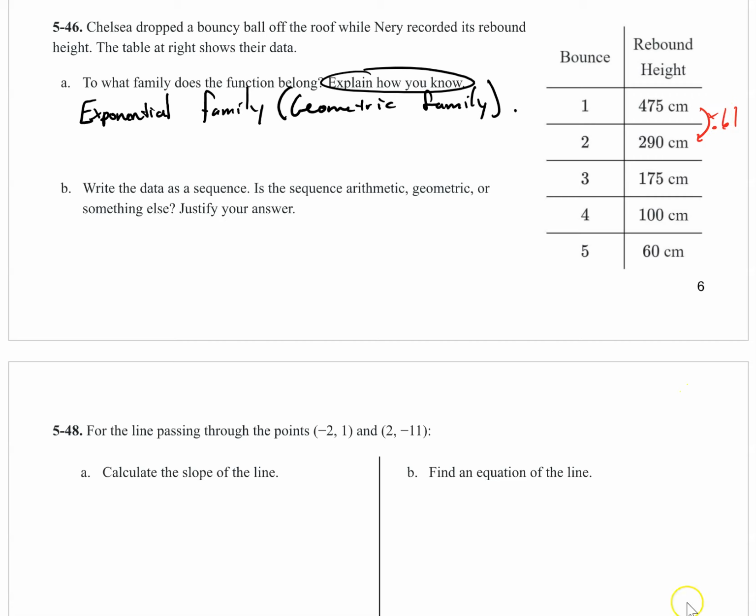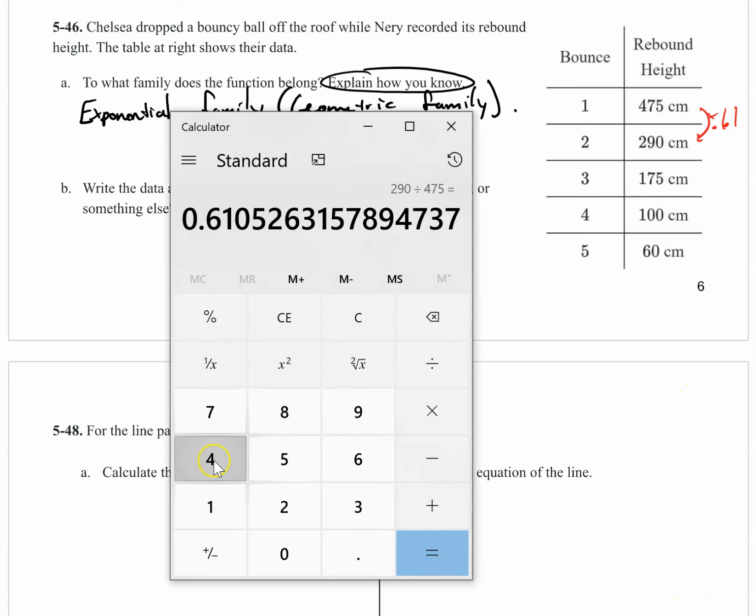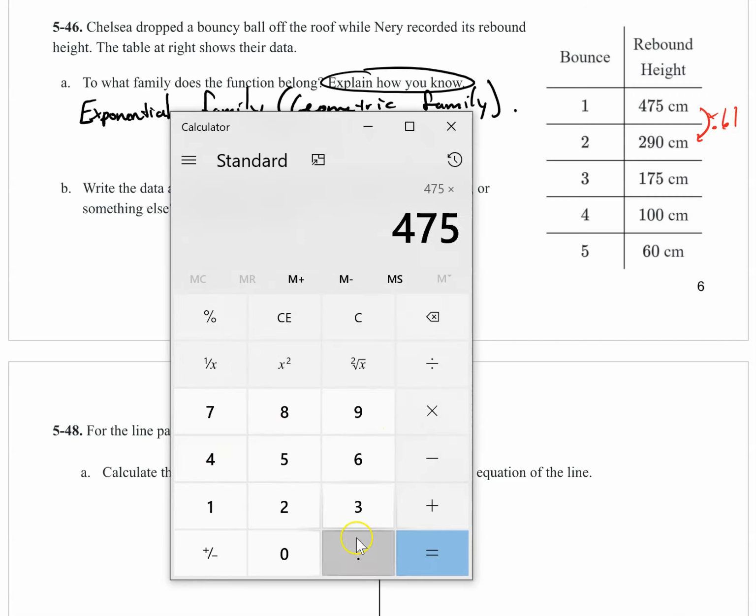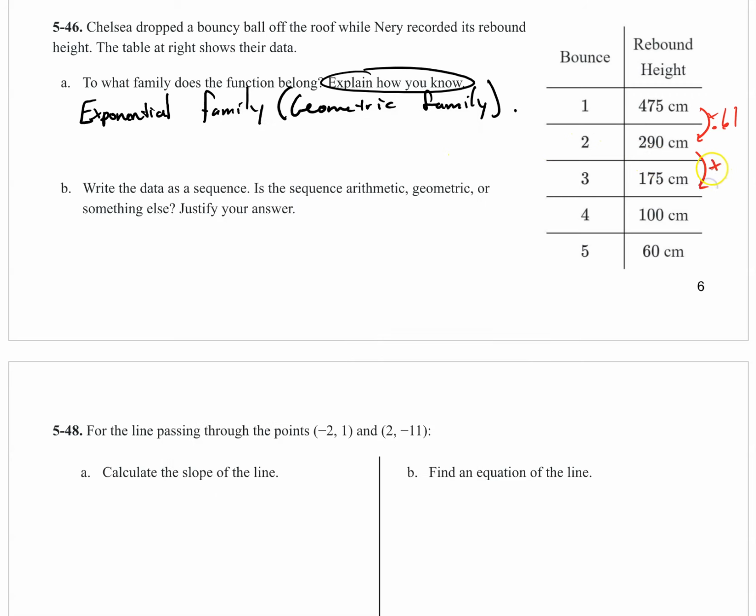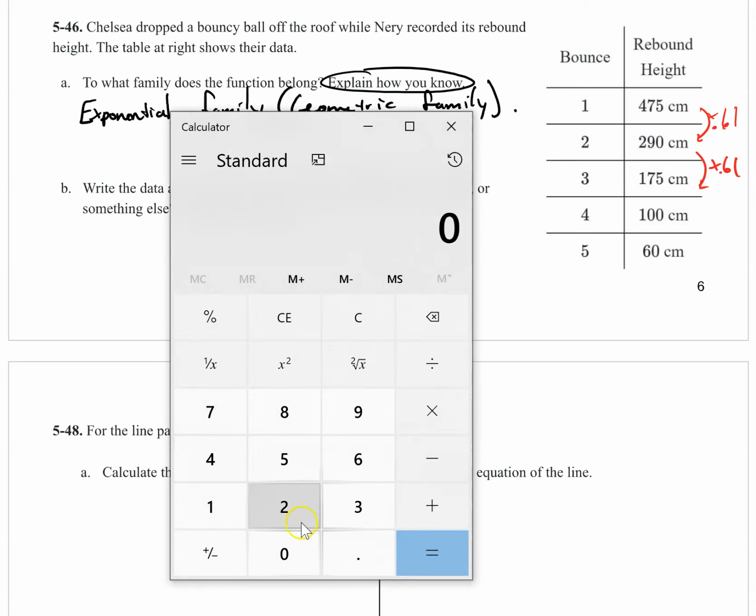Alright, so what we're going to do is take 475 and multiply by 0.61. If we round up, that's 290. And if we multiply by 0.61 again, let's do 290 times 0.61. We get 176.9.